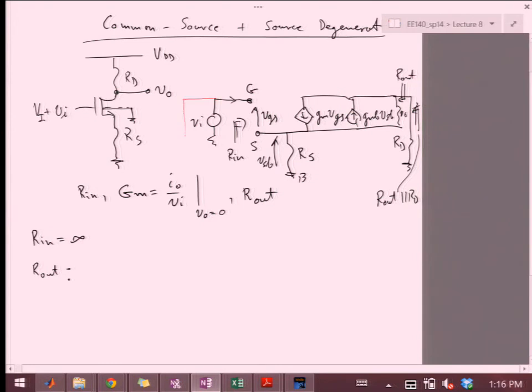So this will be shorted here for R out, and obviously this side is also shorted. Yeah. So in common gate, our voltage was here, right, driving up. But when I was looking at R out, I had to short that voltage anyway, because that was an independent source. So then the resulting circuit is exactly the same.